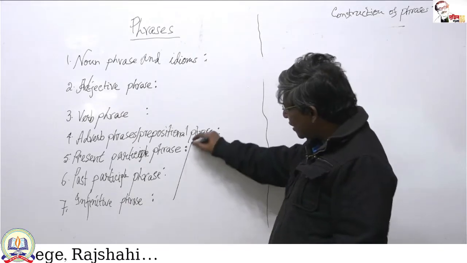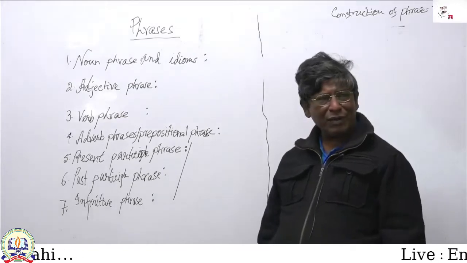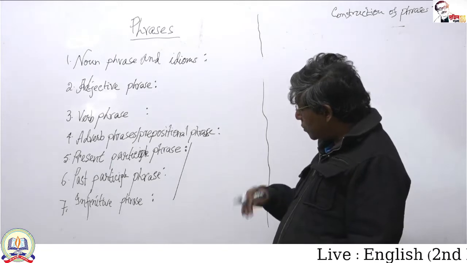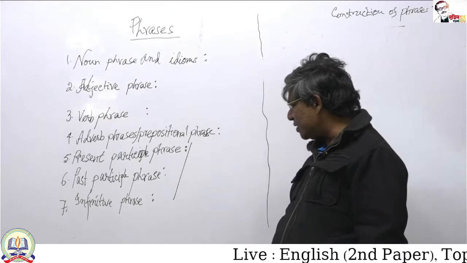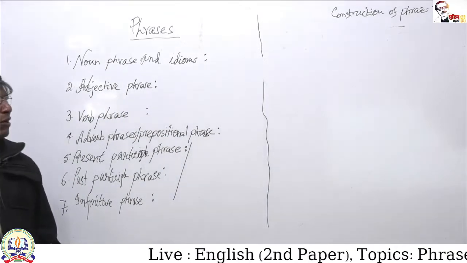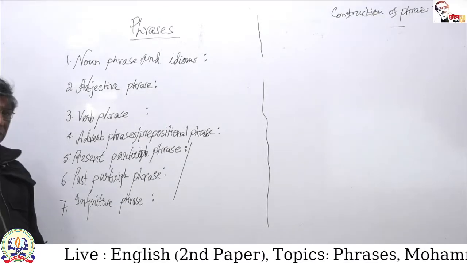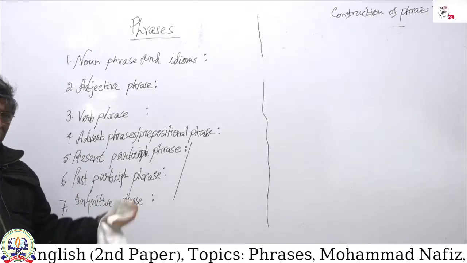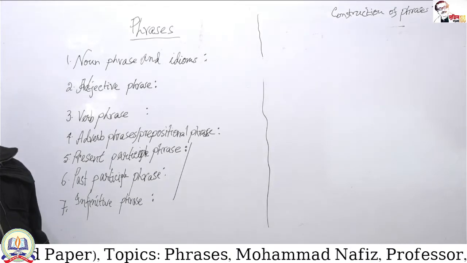These three phrases, present participle phrases, past participle phrases, and infinitive phrases, are made with three non-finite verbs: present participle, past participle, and infinitives are used as non-finite verbs.